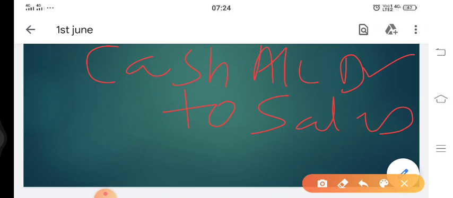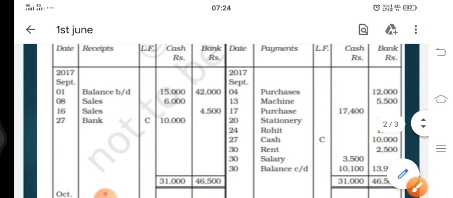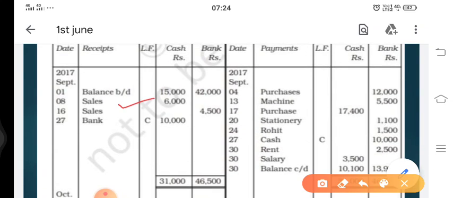So cash account debit to sales account. Now here, since cash got debited, we'll go to debit side of cash book and we'll write here to sales 6,000. Correct?